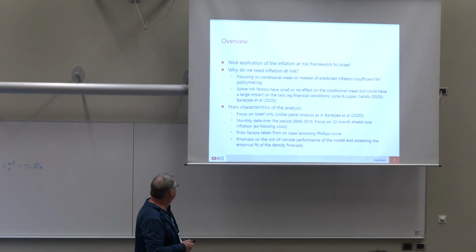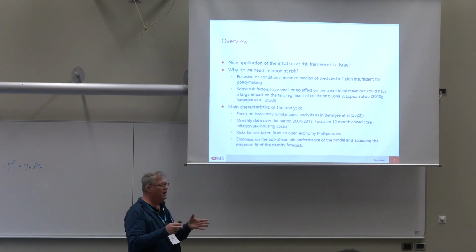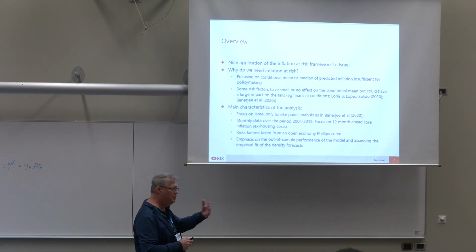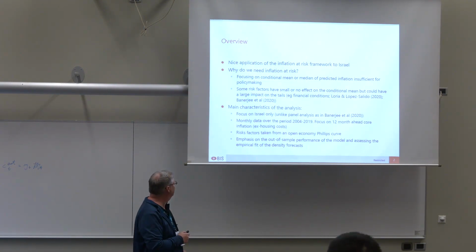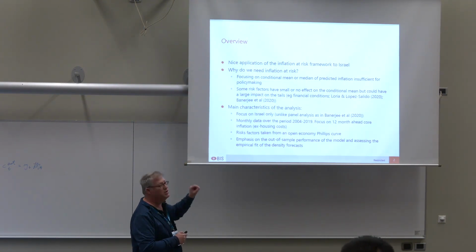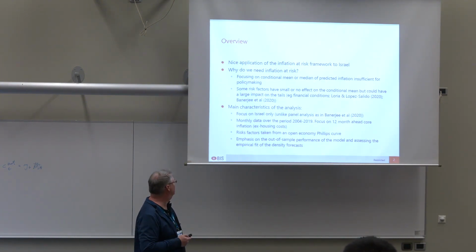Now, what are the characteristics of the analysis? Obviously focus only on Israel. Monthly data that cover the inflation targeting period in Israel up to the pandemic. The focus is on the 12-month ahead core inflation, excluding housing costs because I think it's difficult to model them for structural reasons.